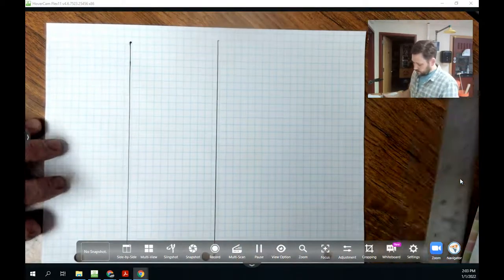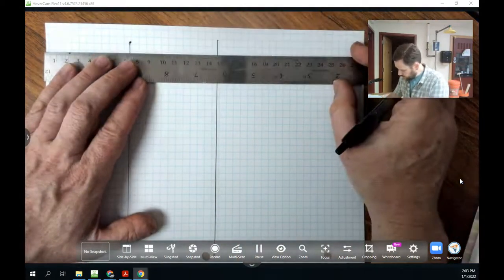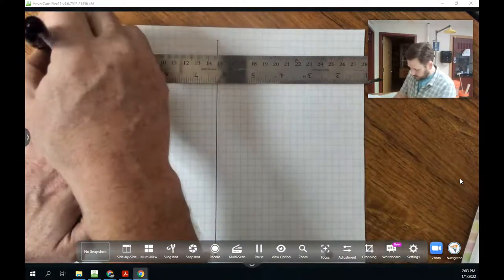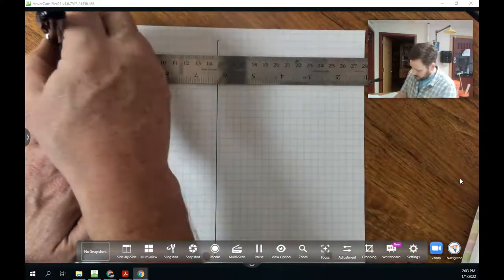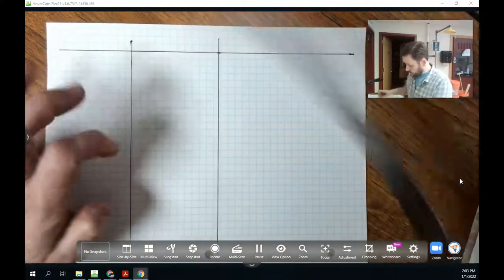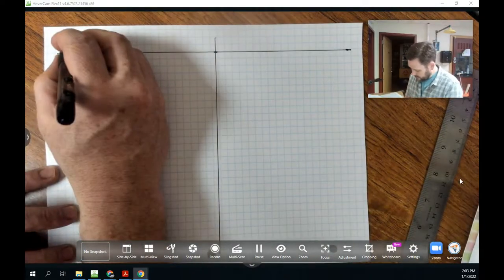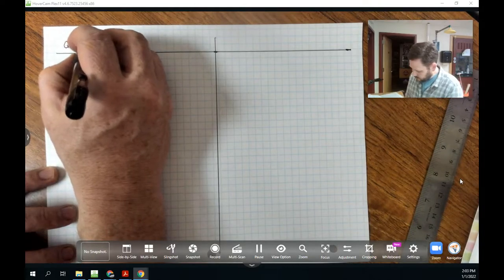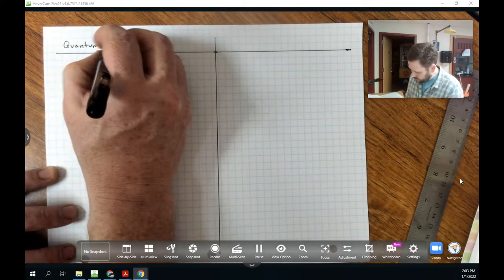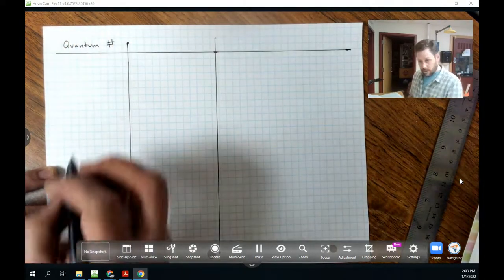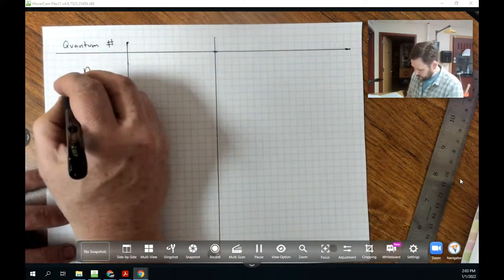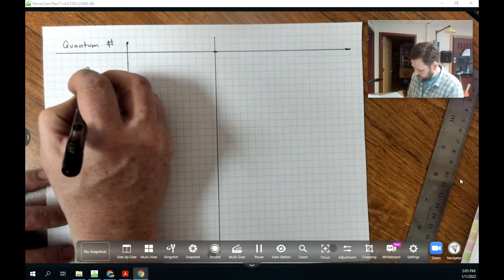And so far, we've really only learned about the first one, which we call the principal quantum number, and that is what we are referring to when we use the letter n. So for instance, n equals 1, n equals 2, that is the principal quantum number. So we're going to label this quantum number, and the first one we're going to talk about is n, which is the principal quantum number.